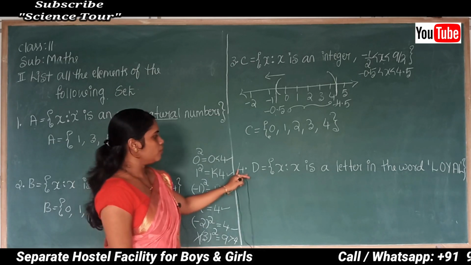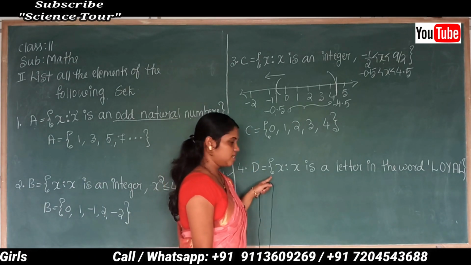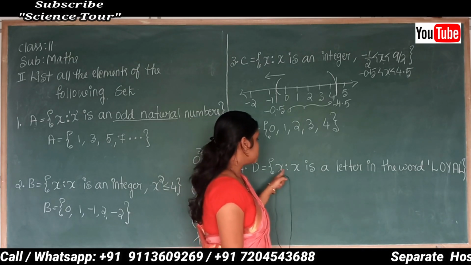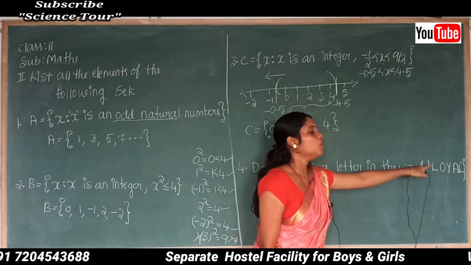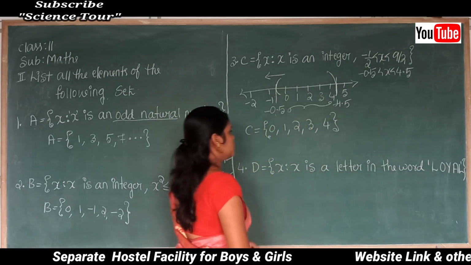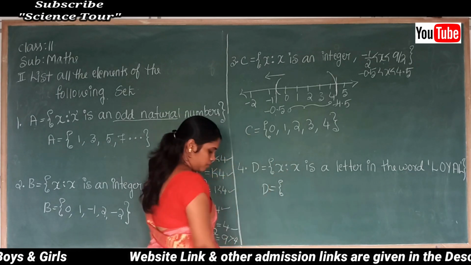So next, the fourth question I will consider. D is equal to the set of all x such that x is a letter in the word loyal. Yes, it's very easy. So which are the letters?